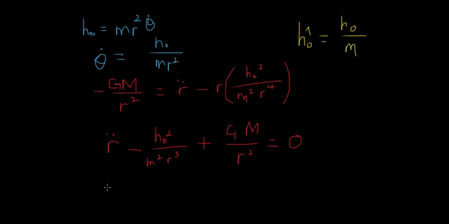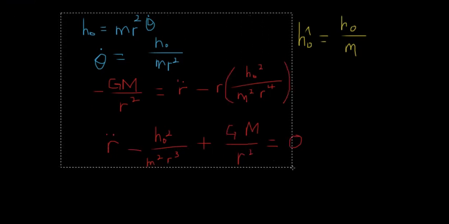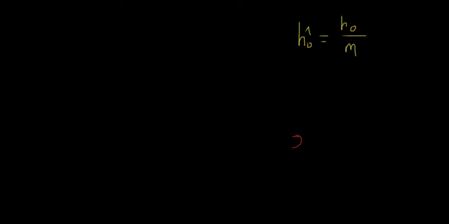We substitute it back in and get the final general expression: r double dot minus h squared over r cubed plus GM over r squared equals 0.